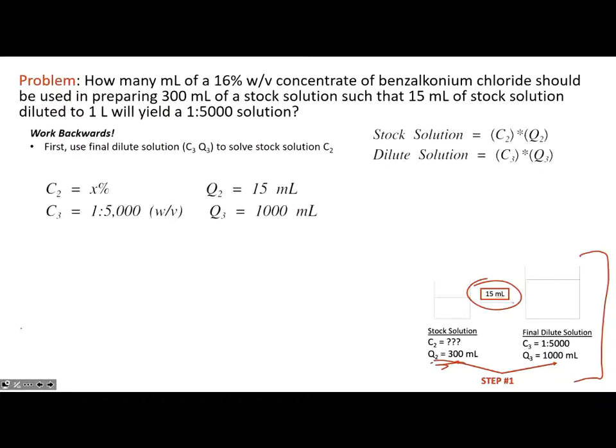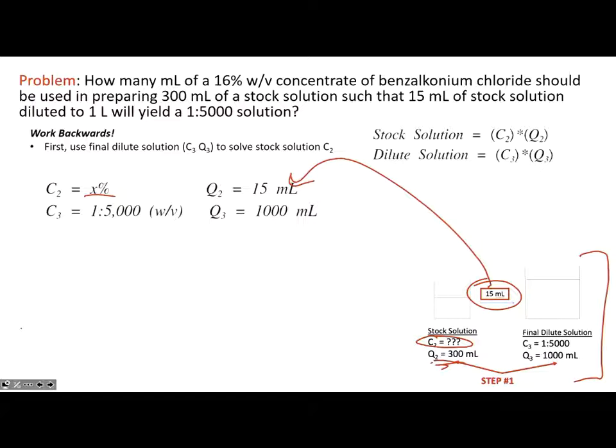So let's start with the stock solution. C2, do we know the concentration of the stock solution? No. So I set it to X. Do we know the volume we are going to use of that stock solution? The only thing that provides mass in our final dilution is what comes from the stock solution, and I said right here that we're adding 15 milliliters.